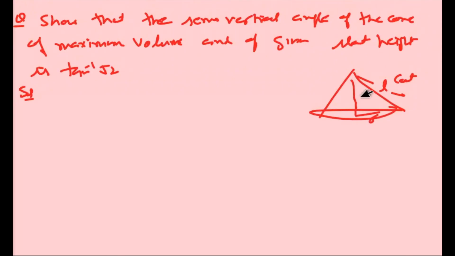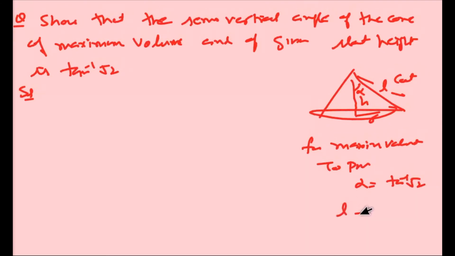Semi-vertical angle of the cone is this one, that alpha. Okay, so for maximum volume, to prove alpha equals tan inverse root 2, L is given, that is constant. Okay, so volume equals 1 by 3 pi r square h.